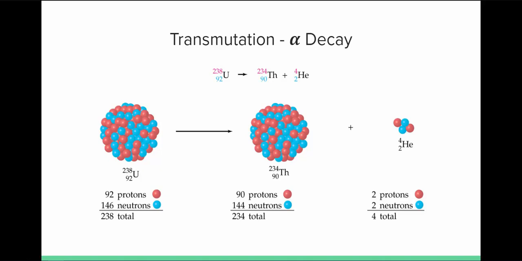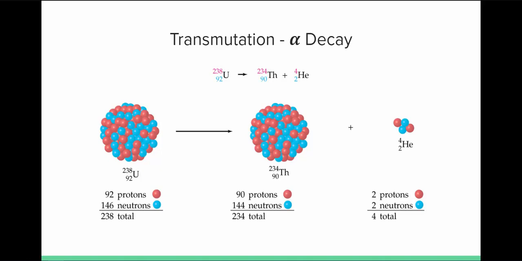So in the reaction of an alpha decay, you have a very large element to start with that splits apart into an alpha particle and something else. In this example, it gives us all of the information, but let's pretend we don't know that thorium is there. Let's say I gave you a question and said, you start with uranium-238, and it decays into something and an alpha particle.